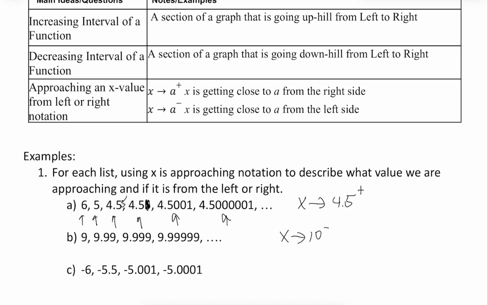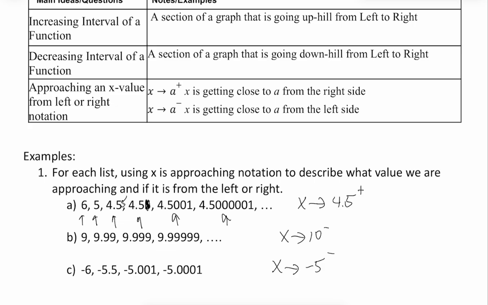First, what number are we approaching? Negative 5. Negative 4 is to the right of negative 5, so negative 5.001 actually is to the left of it. That would be a little negative. So just be careful, and think about where it would appear on the number line.